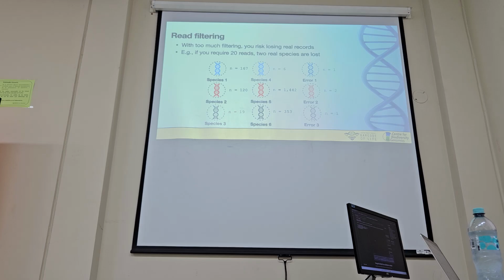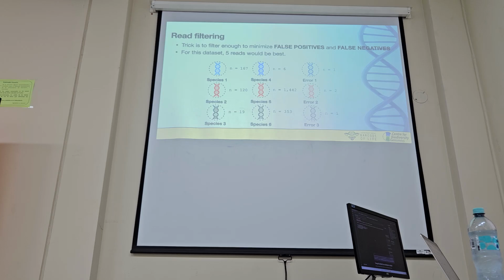So if you require 20 reads, then you accidentally delete from your data 2 real species, okay? We call that a false negative. The species is there, but you don't see it because you filtered it out, right? So you want to minimize false negatives.